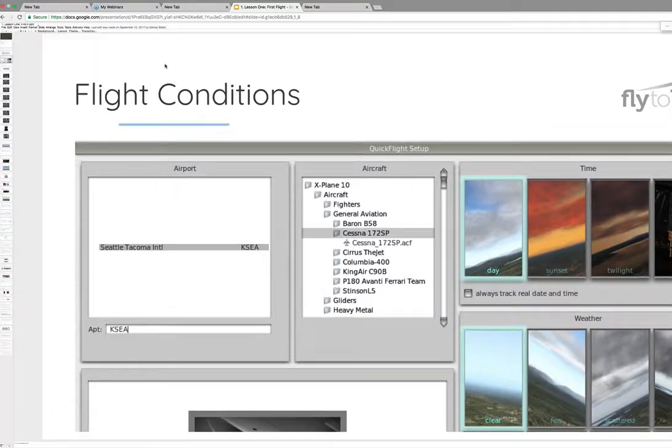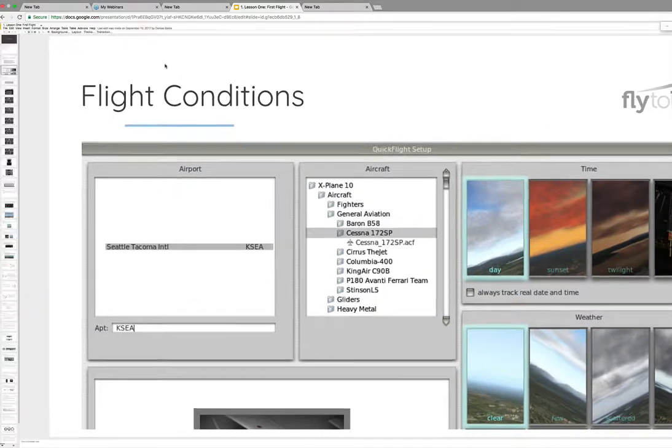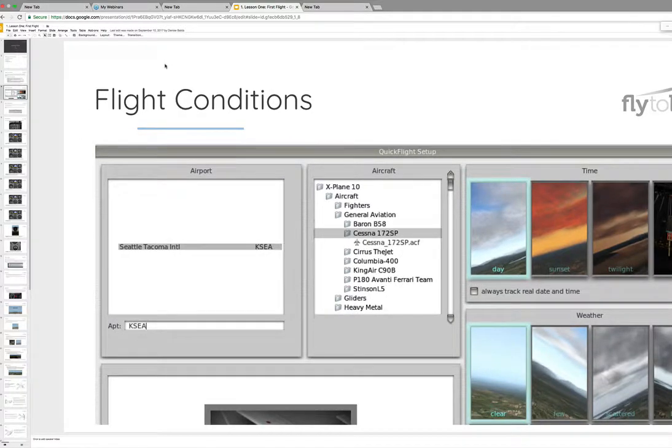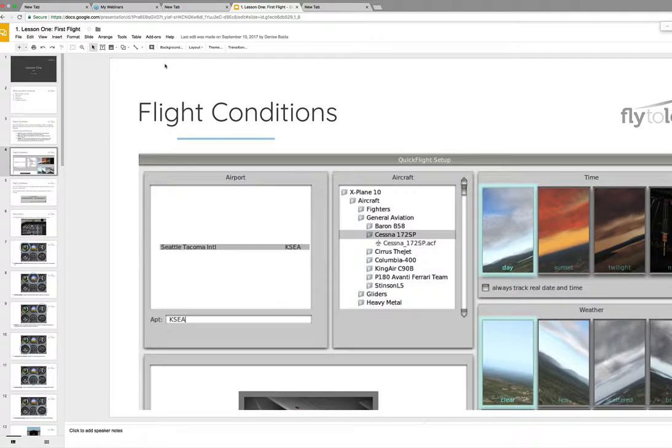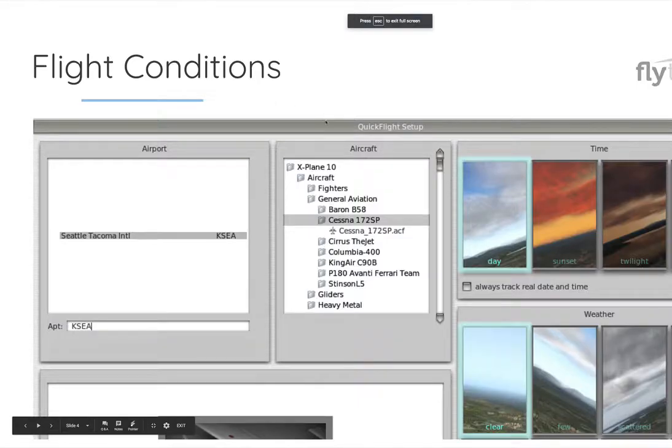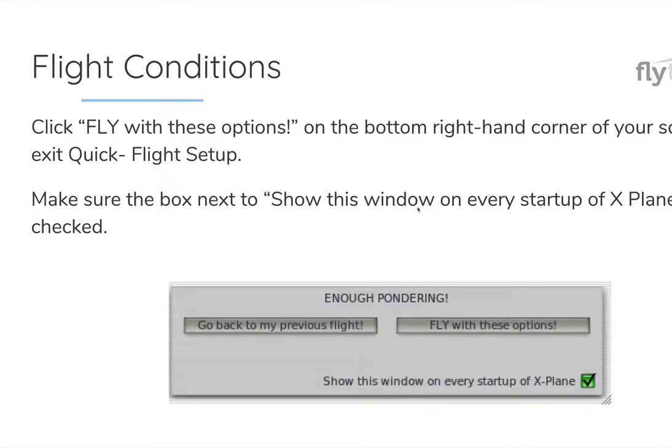Okay. So here's a quick flight setup. You select your airport. You select your airplane. Suggestion again, use a 172. Don't go other ones. All right.